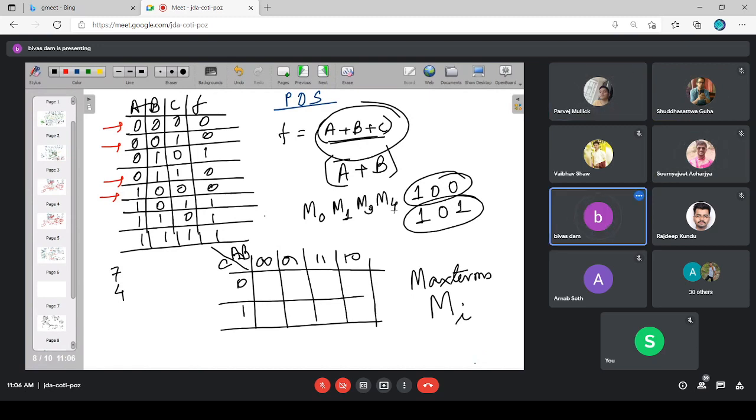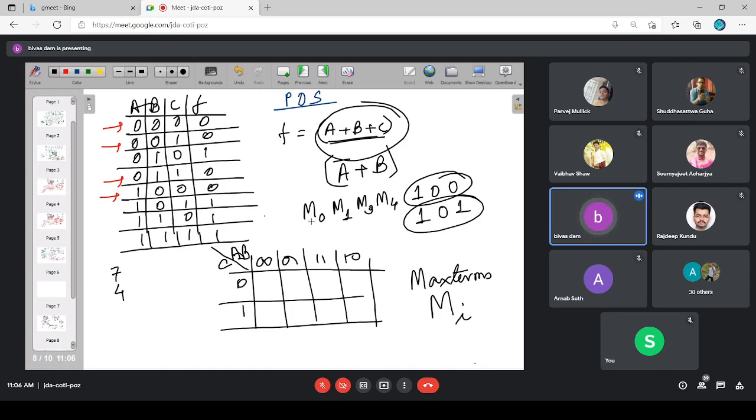Okay. Now, in this type of relation, ultimately what will you do? You'll go for the product of all those sum terms. The function f will be nothing but the product of all the resulting sum terms.